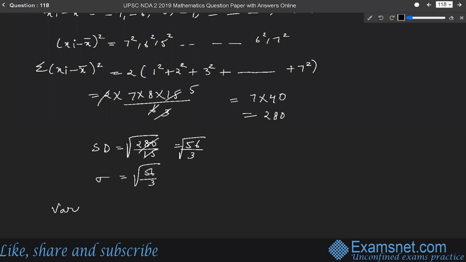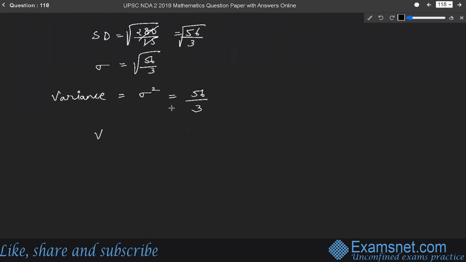Now we have to calculate the variance, and we know that variance is the square of standard deviation. So sigma square will be equal to 56 upon 3. Now we have to calculate the value for variance plus mean square. So 56 upon 3 plus mean is 8, square will be equal to 56 plus 64 divided by 3.